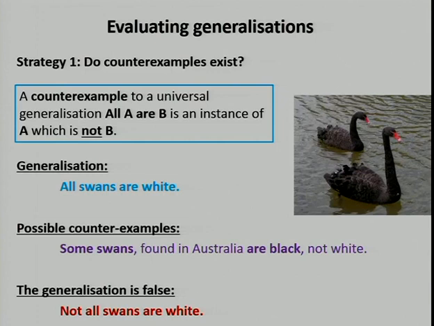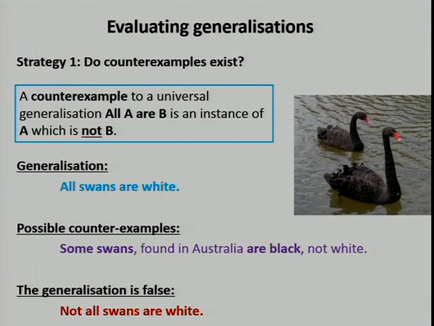And obviously, if we take a universal generalization that says something about all members of a given group, right? If we take that as a factual claim, a general claim in the strongest sense, then it doesn't allow for any exceptions.